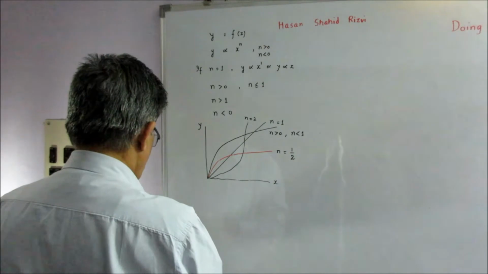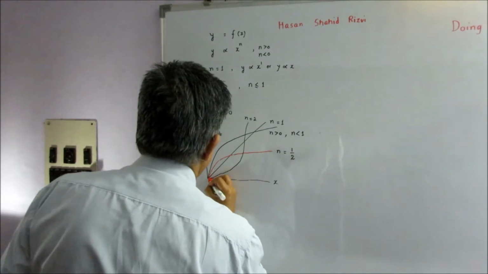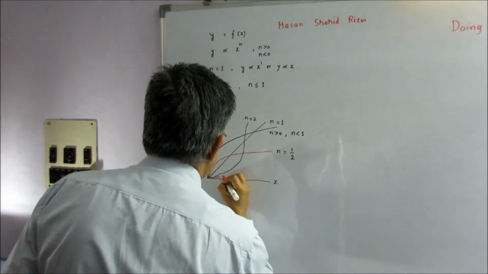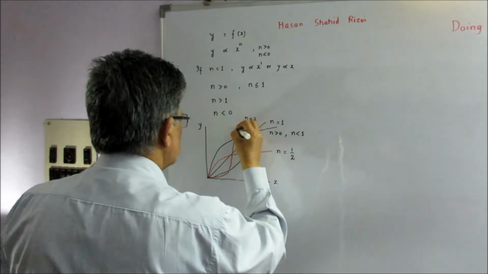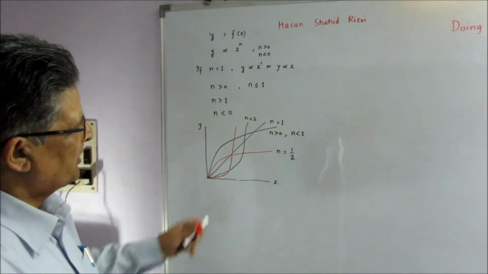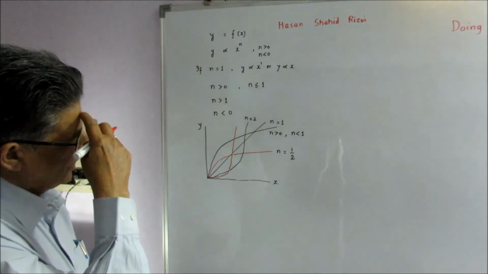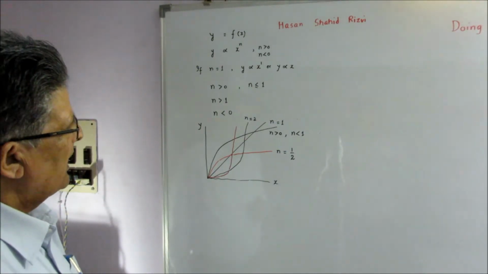If I make it n is equal to 3 for the same constant, this rises very sharply, and this I will explain to you later on when I explain the differentiation process.